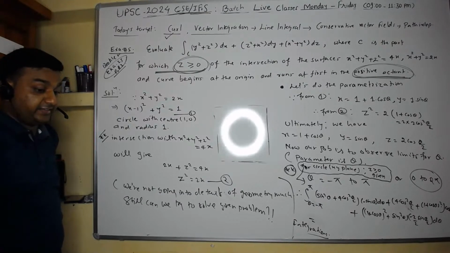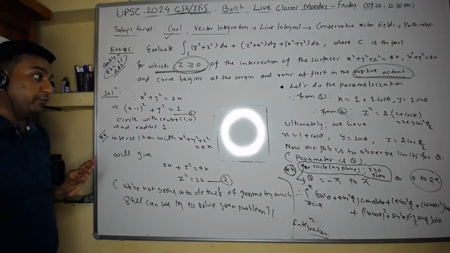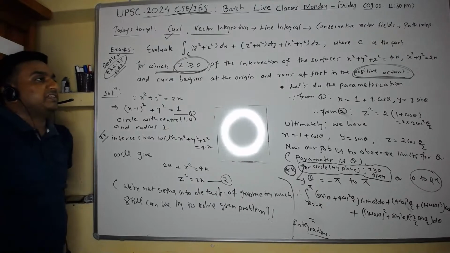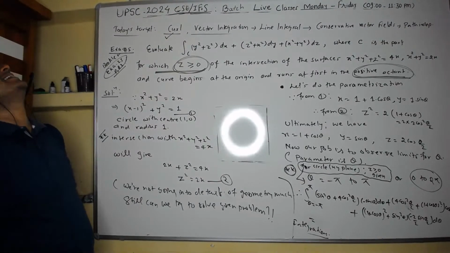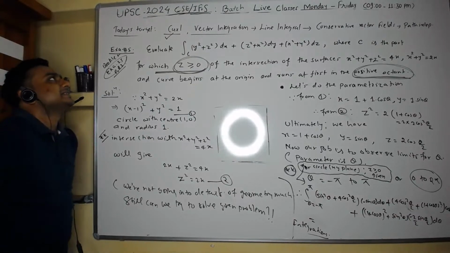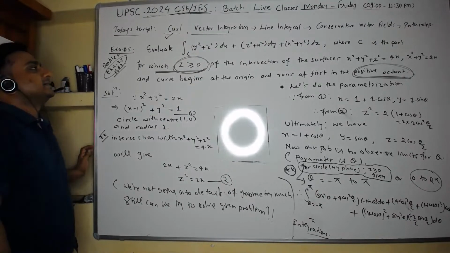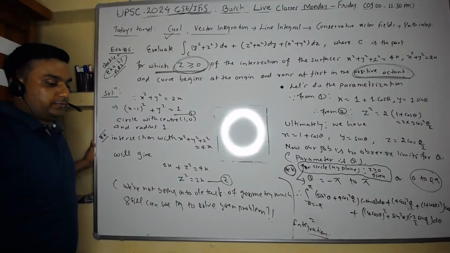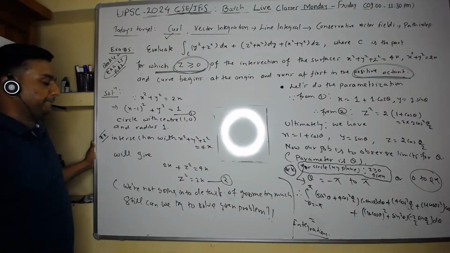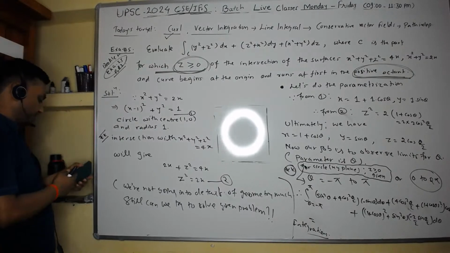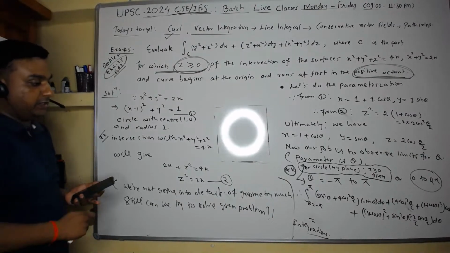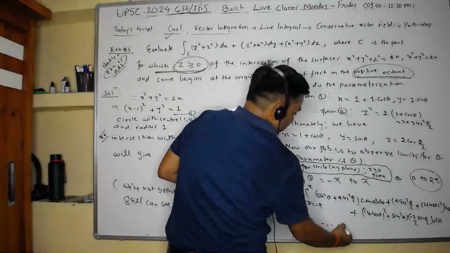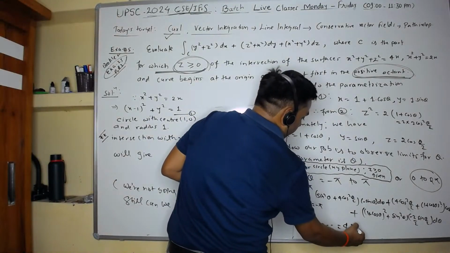And I have already said, I'm just telling you appropriate ways to do. We don't have to do a PhD here. That I have done. Okay. So the value you are getting is 4 pi. Okay, if you are more interested, the value you are getting is 4 pi.